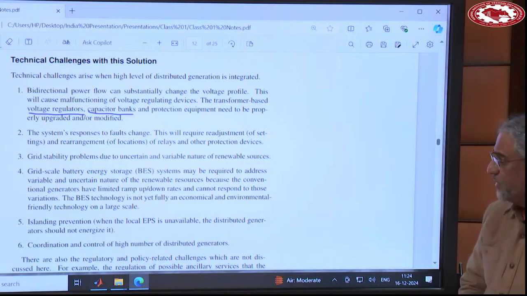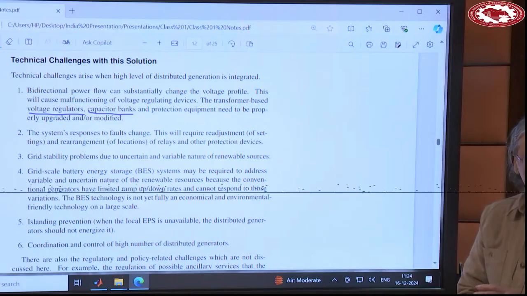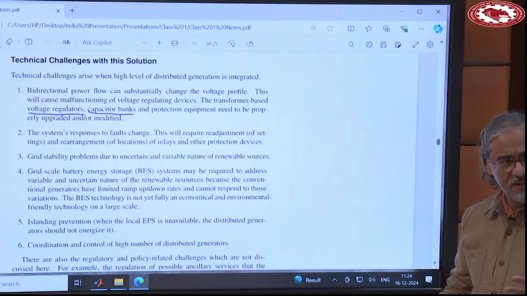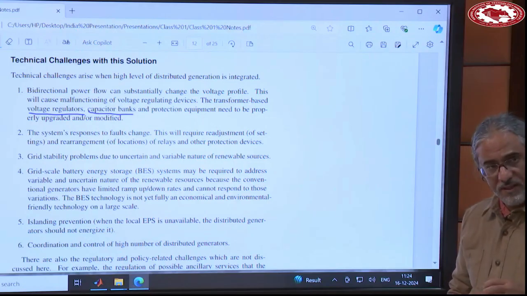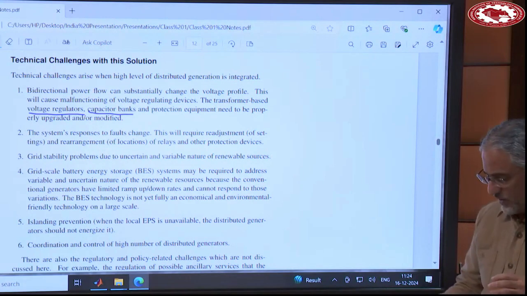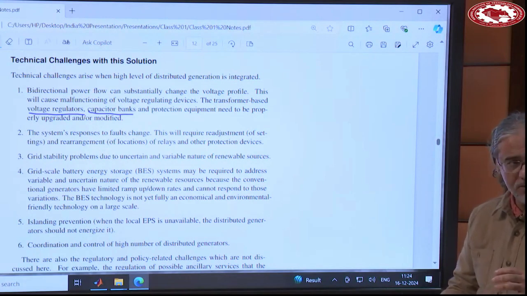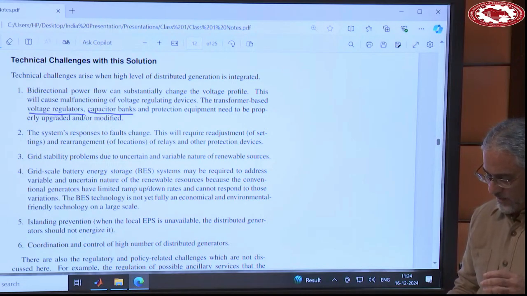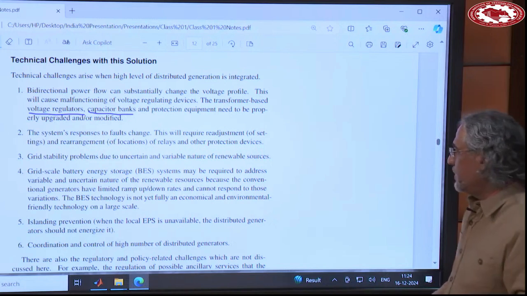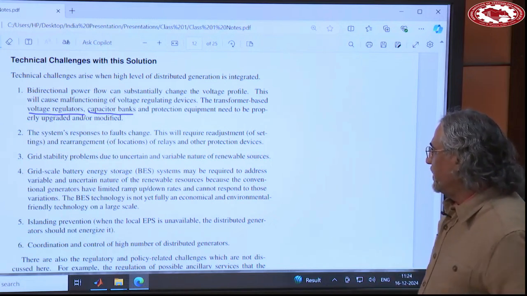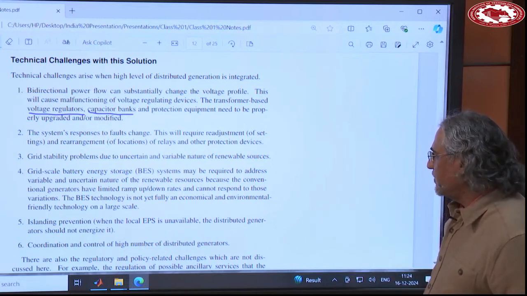A huge amount of current will flow, and the protection device detects it. Those devices are designed to detect this flow of current and take action. Now, if you have generators inside the distribution system, they will interfere with the operation of these devices, the relays and other protection devices.